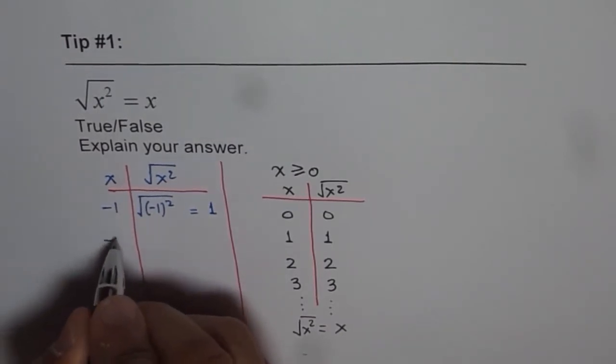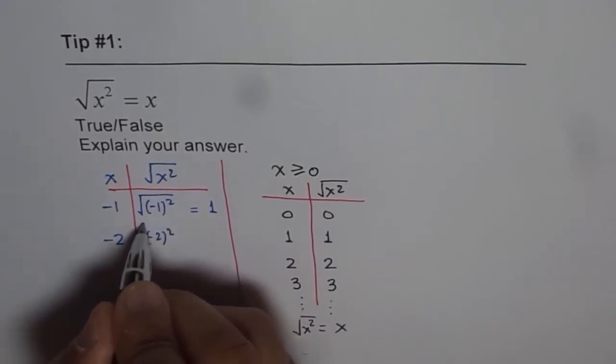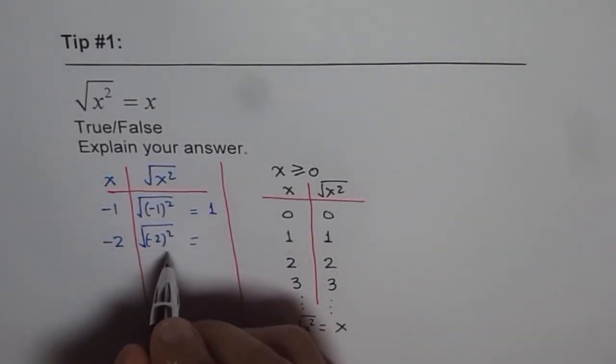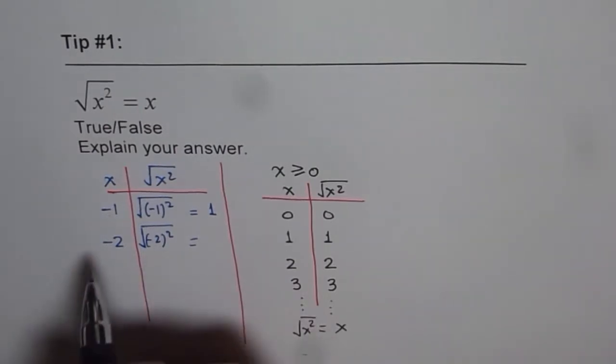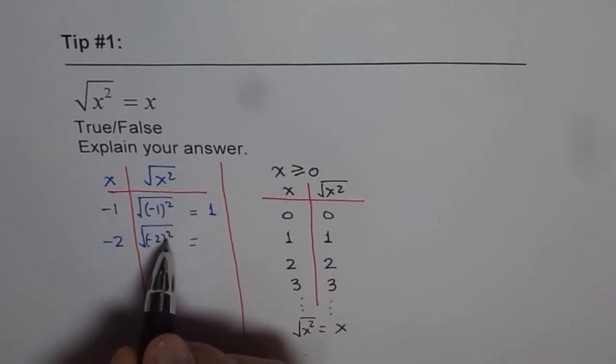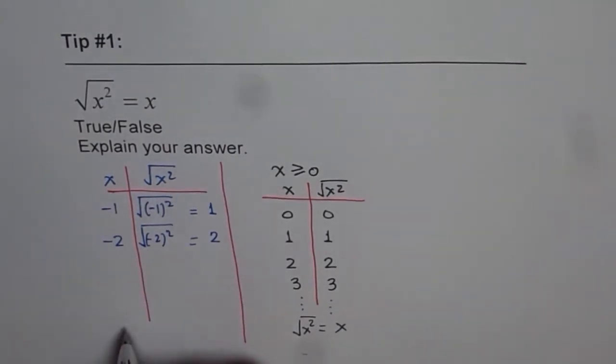How about negative 2? If I put negative 2 here, then square of negative 2 is 4 and square root of 4 is 2. So we get 2, not minus 2.